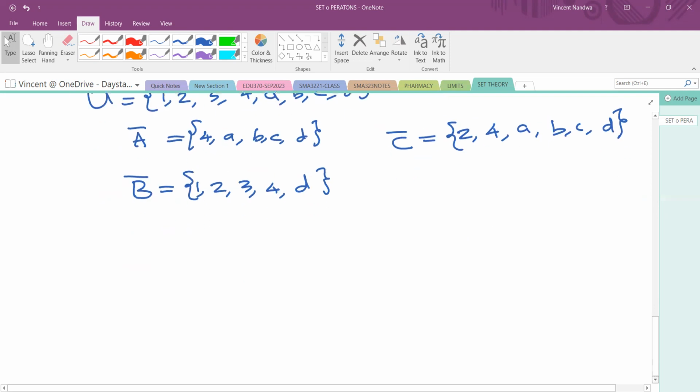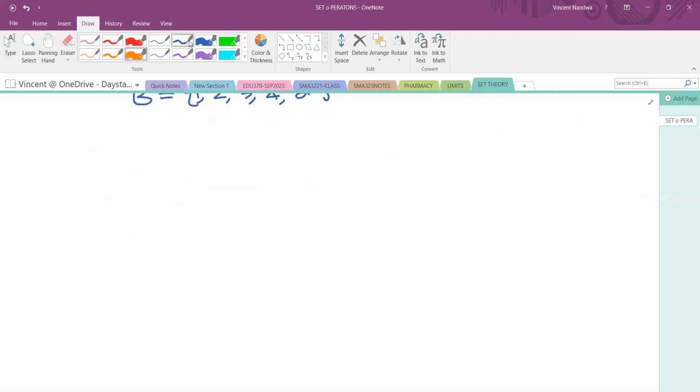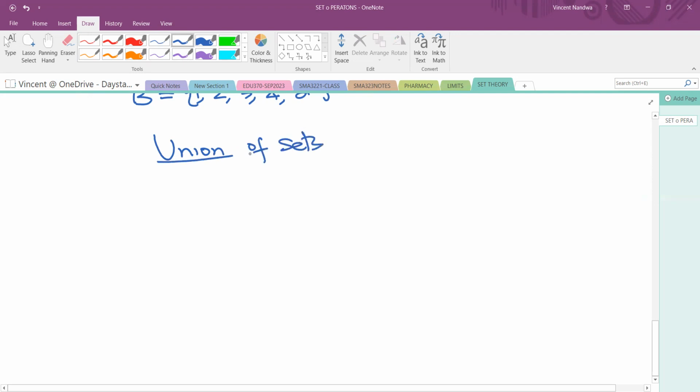So another operation is what we call union of sets. So we define, let's have some two arbitrary sets. So let A and B be two sets.